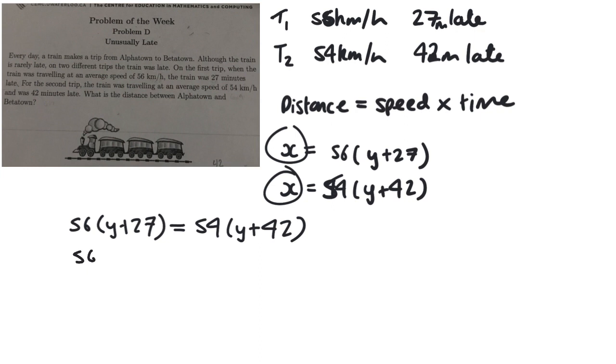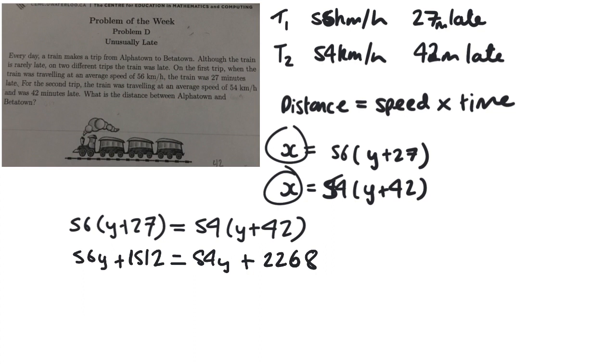So 56y is the first expansion, plus 27 multiplied by 56, which equals 1,512. Good on you if you can do it without a calculator. And then 54y plus 42 times 54, which equals 2,268.